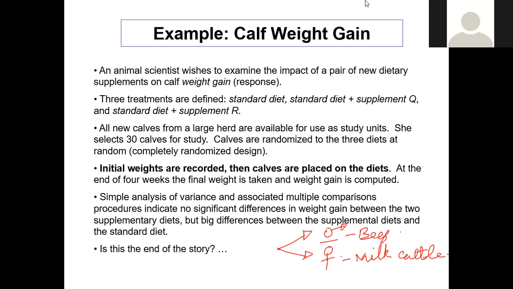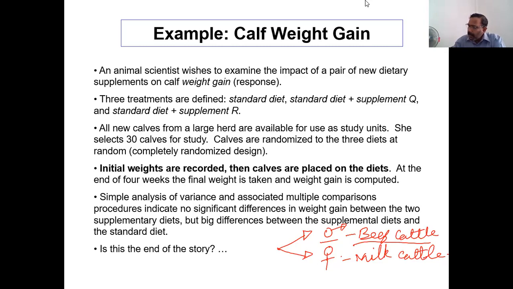In Sri Lanka, it's not very popular, due to religious reasons and so on, so there's nothing called beef management. But in foreign countries, yes, cattle are managed for beef production, that means for meat production.